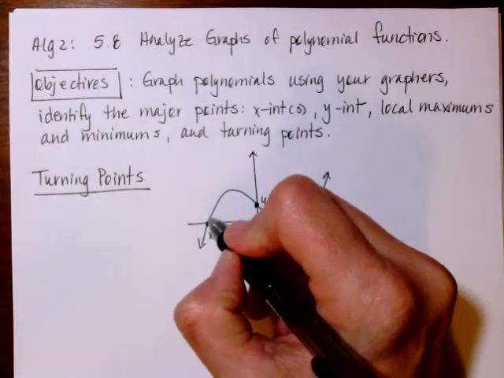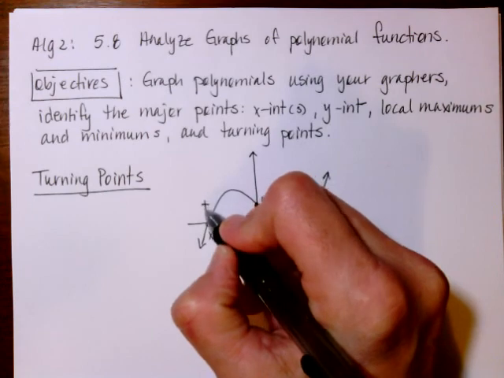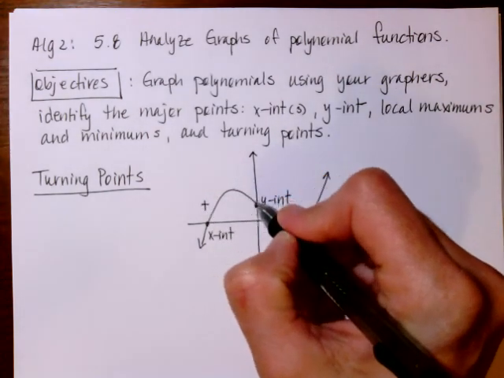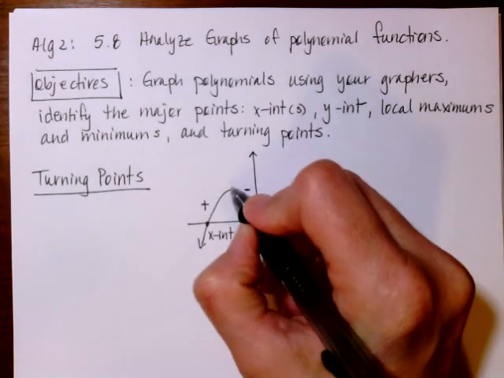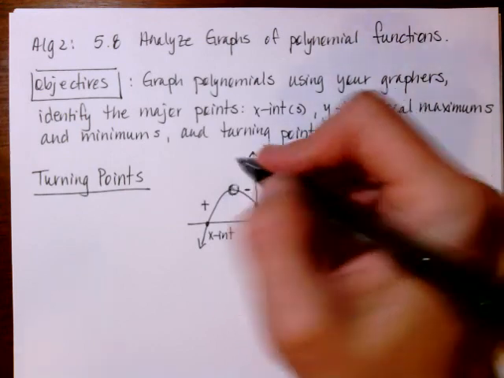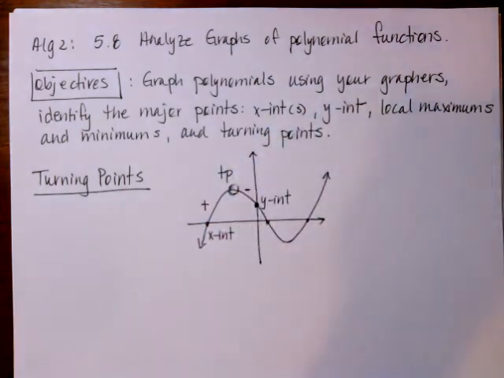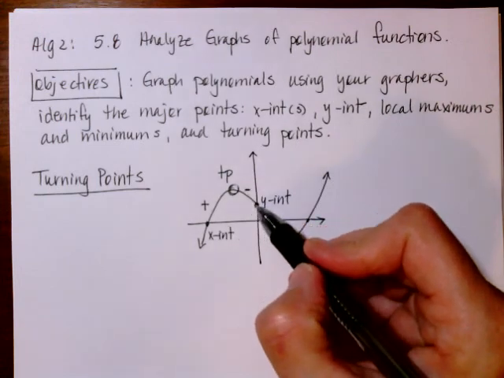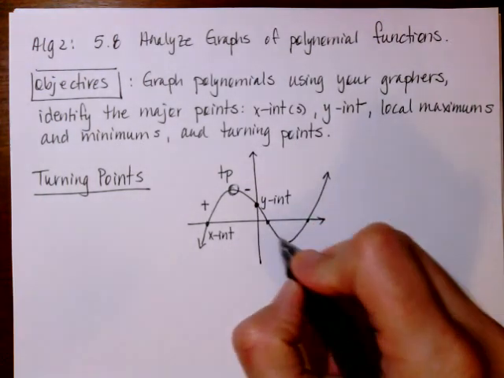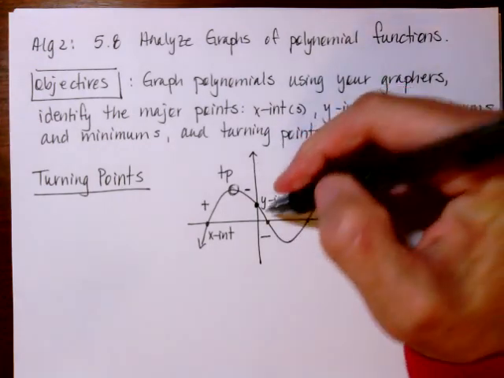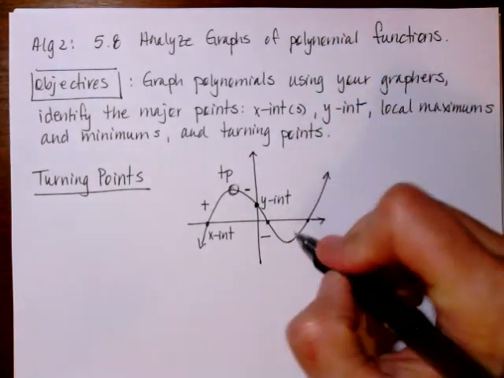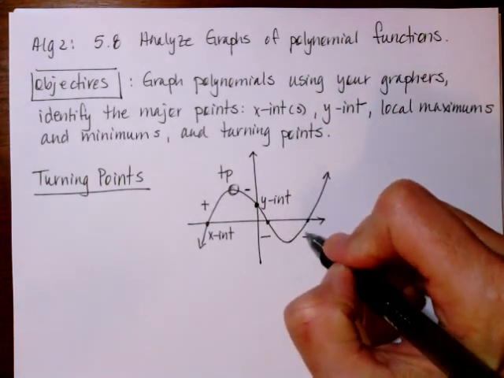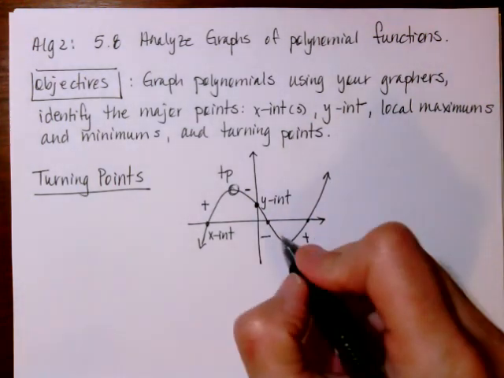Notice that the slope at this point is positive, and the slope at this point is negative. So up here at the top is called a turning point because my signs change from positive to negative. And then if you notice over here, I have a negative slope kind of going down this way, and then it changes to be a positive slope.